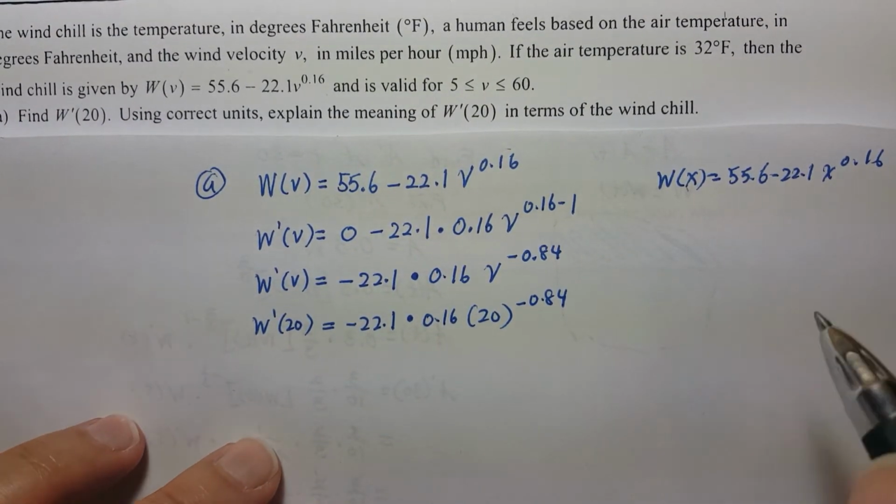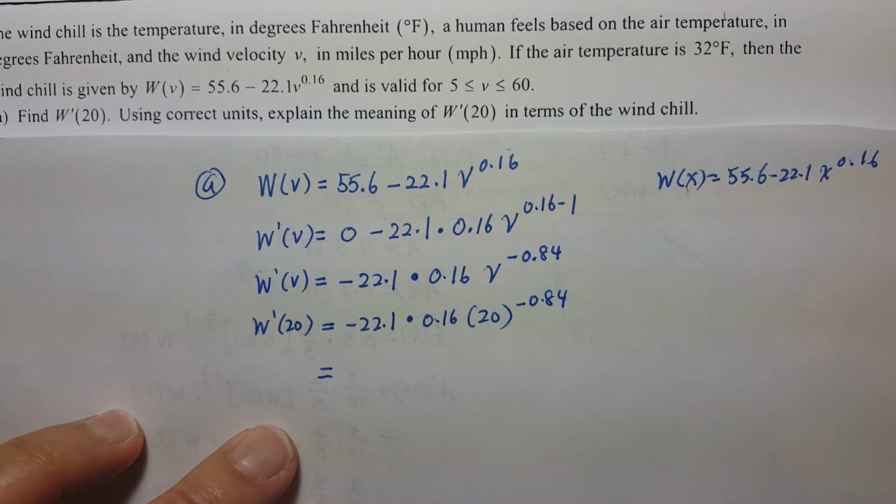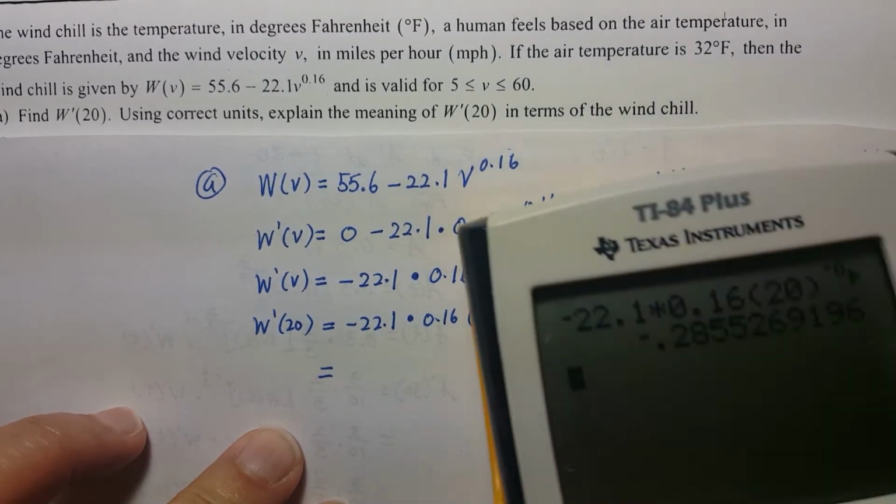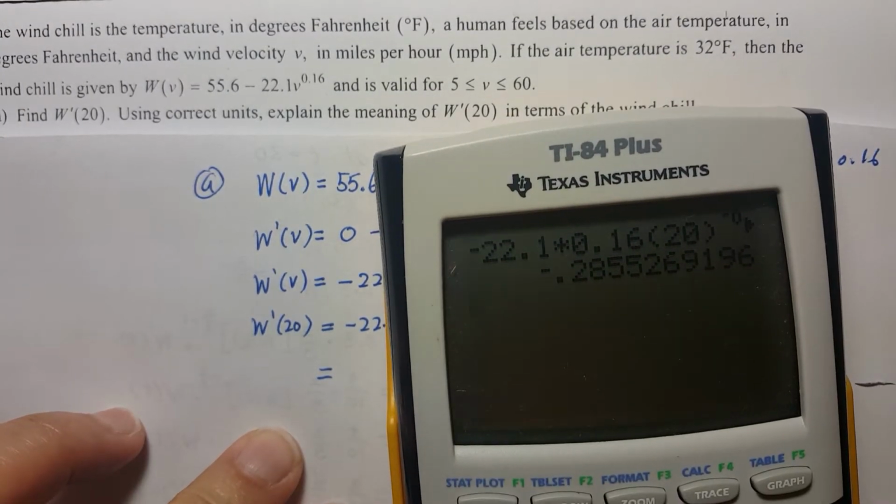Now we type it into the calculator: negative 22.1 times 0.16 times 20 to the negative 0.84. So we get negative 0.2855.